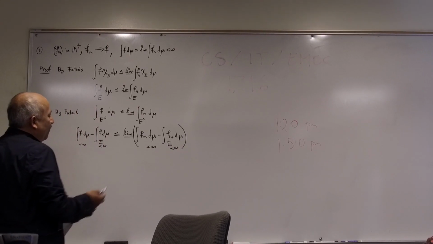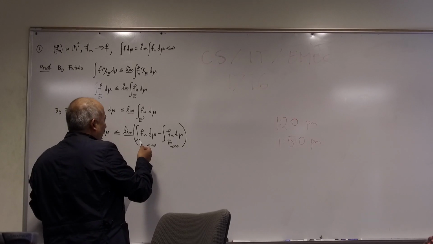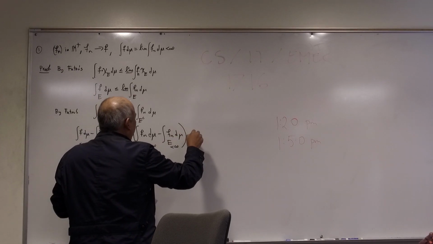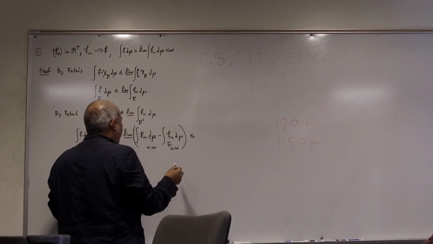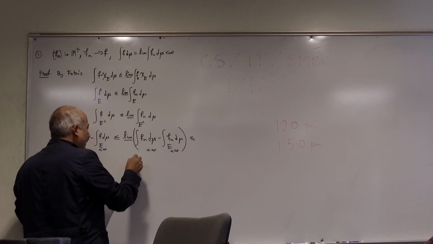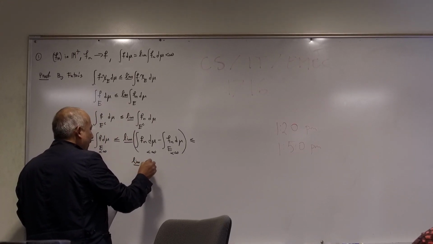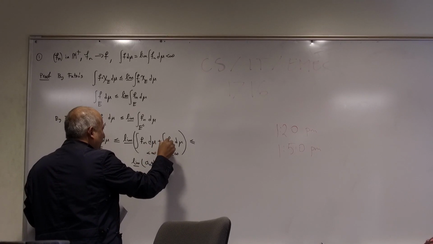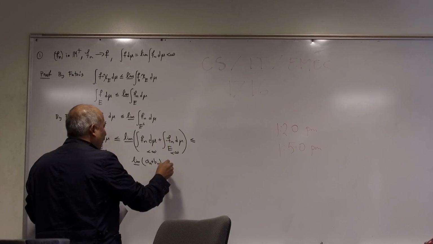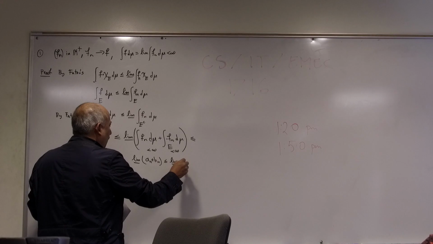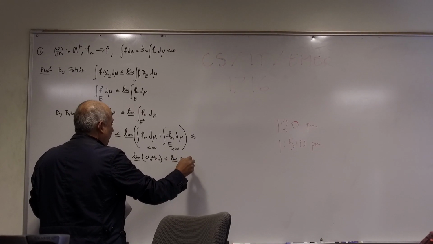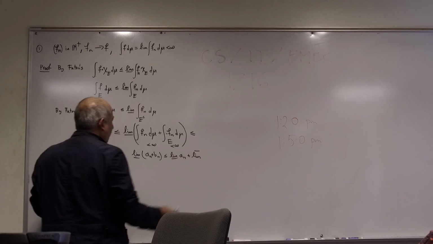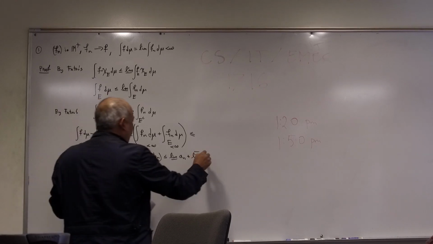Now, the lim inf of something is less than or equal to, so I think we are using the fact that the lim inf of an plus bn, if you wish we can put a minus here, is less than or equal to the lim inf of an plus the lim sup of bn.